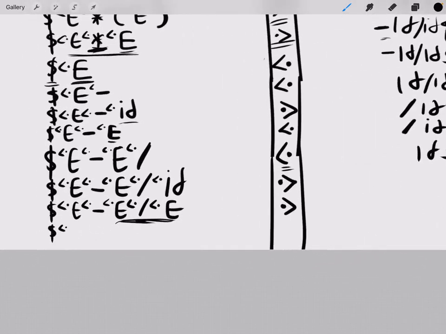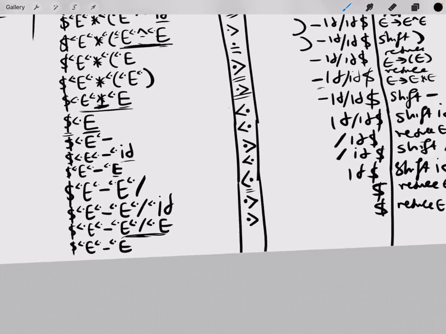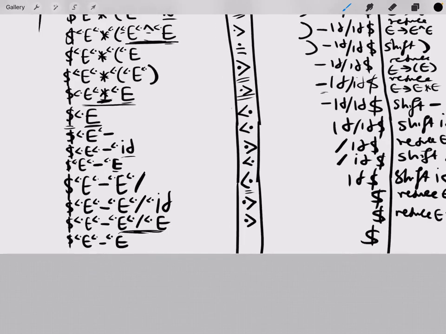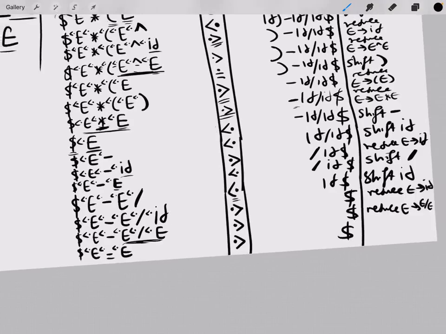We have E minus E, and then we have the dollar sign over here, so we know that the minus is going to take precedence over that. So we reduce again.